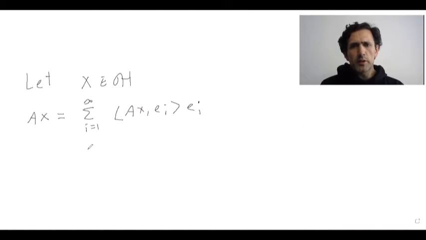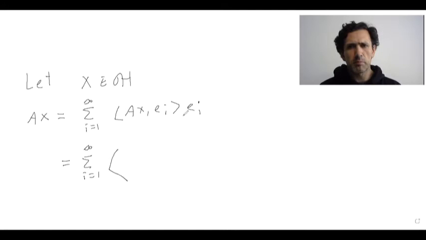All right, well, what we could do is play this game one more time, but with AX here. Make this inner product a little bigger. So this is going to be AX. Do this again. Let's use j here, so j equals 1 to infinity.